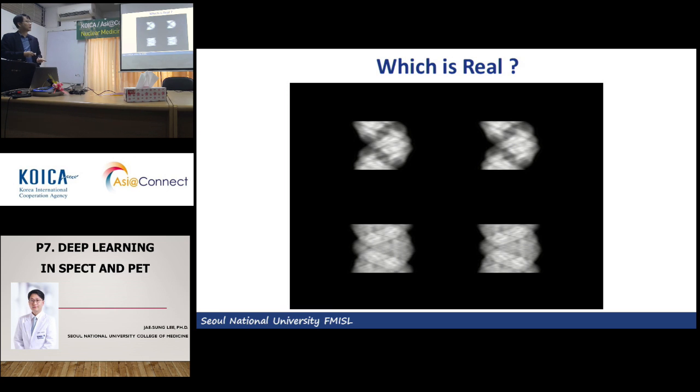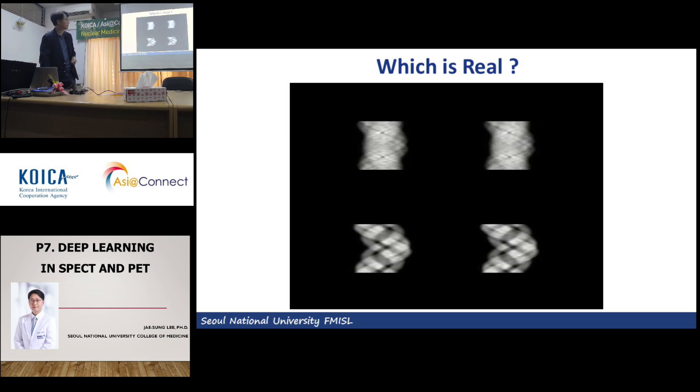Can you tell me which is the real original one and which is the deep learning generated one? It is quite difficult to distinguish them. One of them is the original sinogram and one of them is a deep learning output that interpolates the data from the undersampled data, but it is very hard to distinguish them.